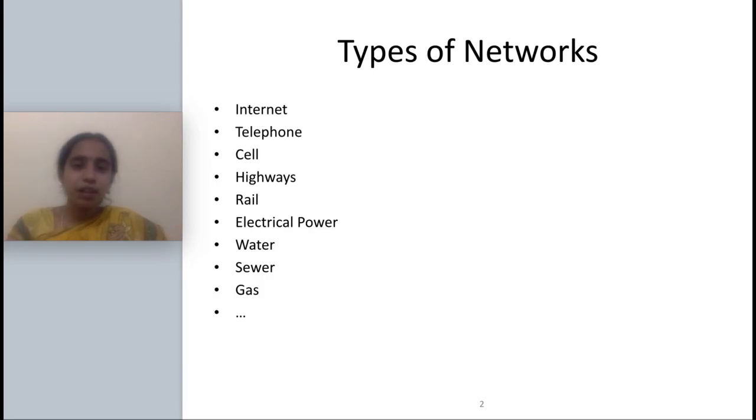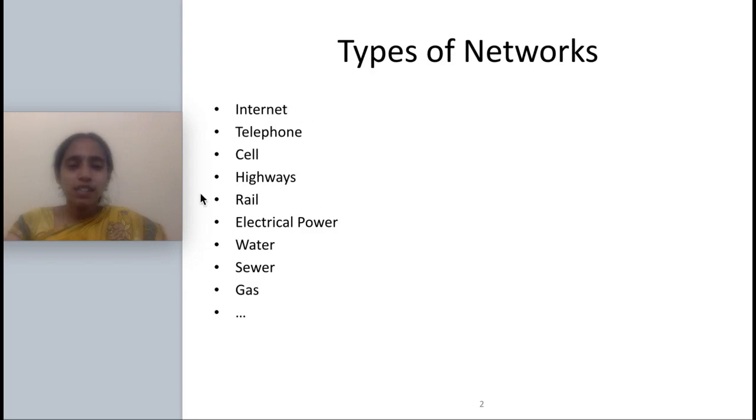For example, consider the internet. Here, the routers or the devices which give you the net connection or net facility are considered to be vertices, and the wire connection or cable connection or a link between them is called the edges.